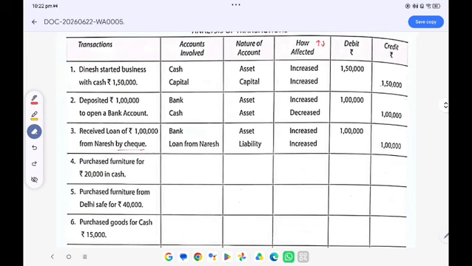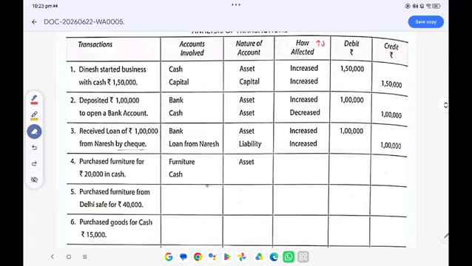If you want, you can take screenshots of this answer. Purchase furniture for 20,000 in cash. What are the two accounts involved? We have purchased furniture, so one account must be furniture, and we paid cash, so the other account is cash. Now tell me, categorize these. Both belong to the asset category. Category means nature of account.